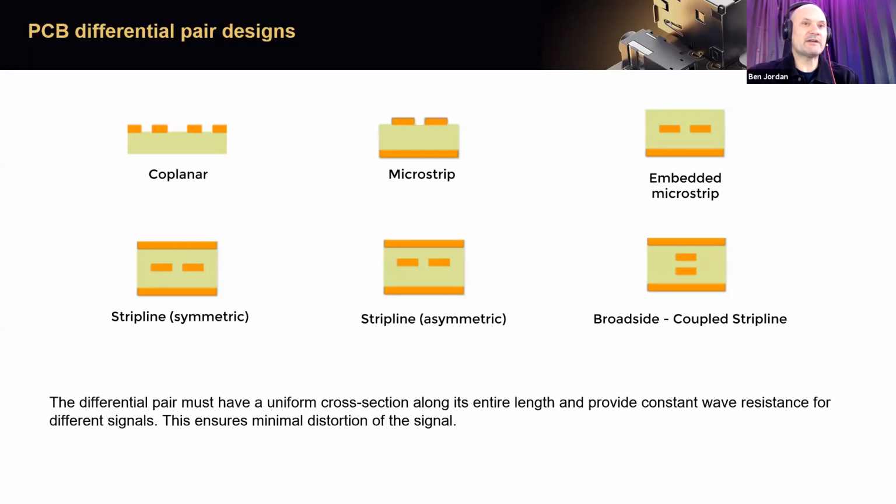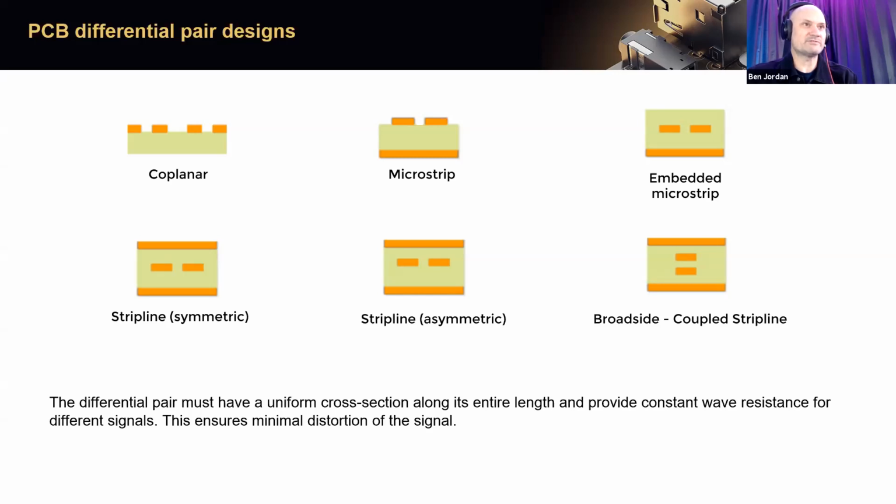And we can still have ground coupling as long as we have a surrounding ground plane around that differential pair on the same layer. So that's a coplanar waveguide style differential pair. It's pretty unusual, but you can do it.